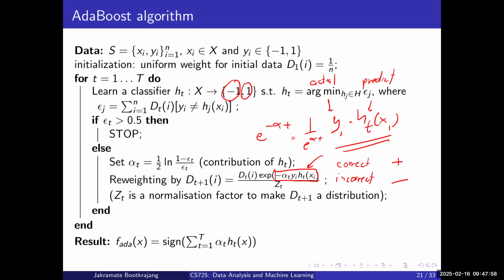So when you predict correctly, you multiply the original weight by a number that is less than 1. When you multiply something by a number less than 1, you get a smaller number. So if you predict this example correctly, your weight for the next iteration will go down.